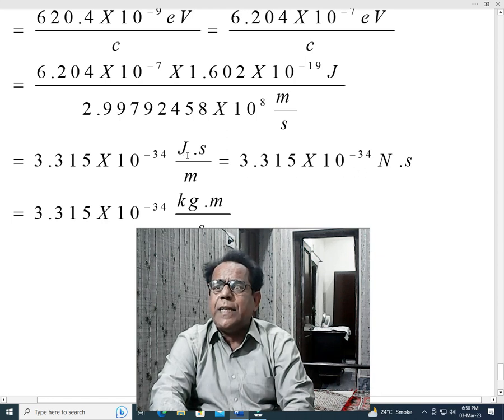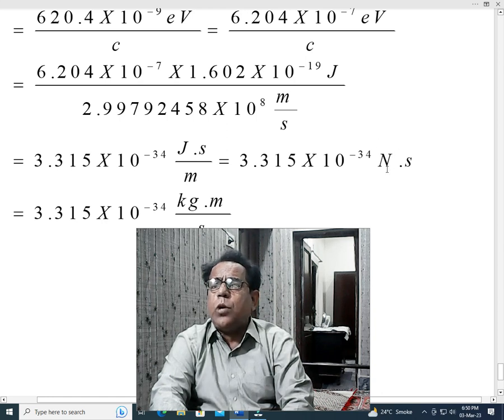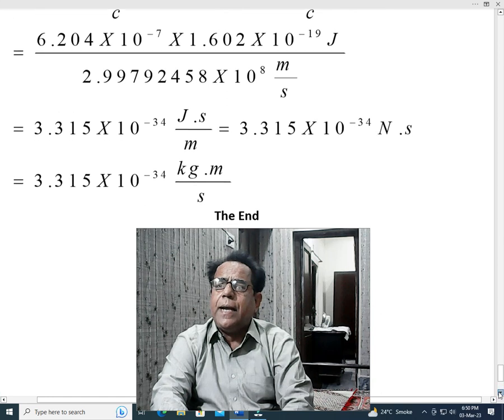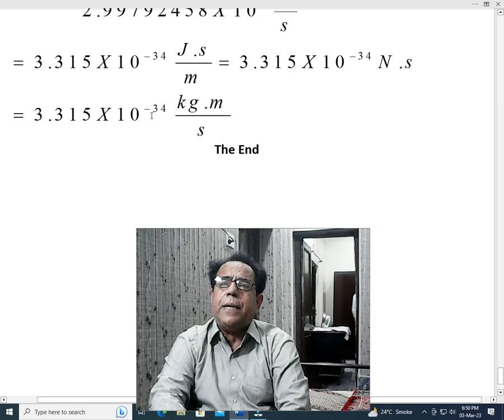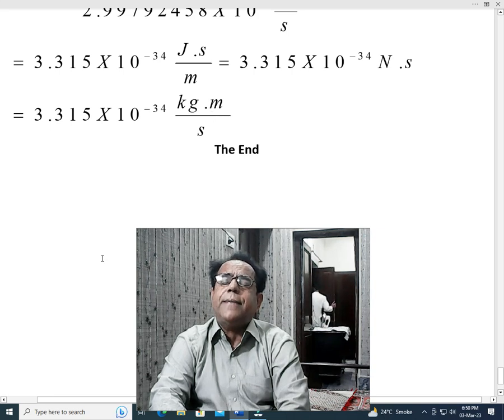And we know that Newton is equal to kilogram meter per second square. So this second will be cancelled out from second square, and second will become the denominator, and our answer will be 3.315 into 10 raised to the power minus 34 kilogram meter per second.